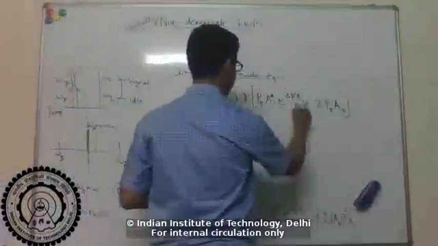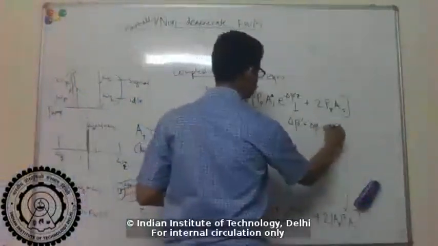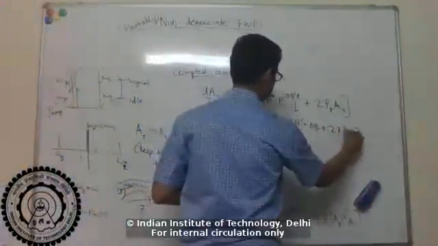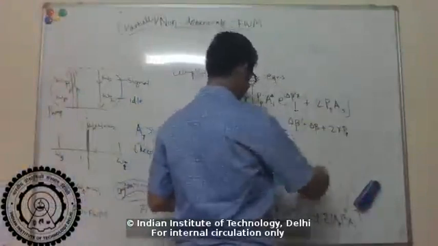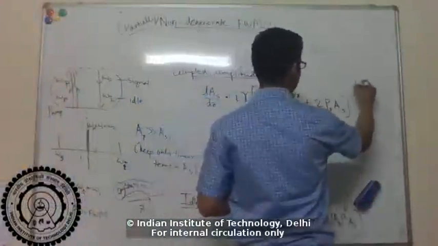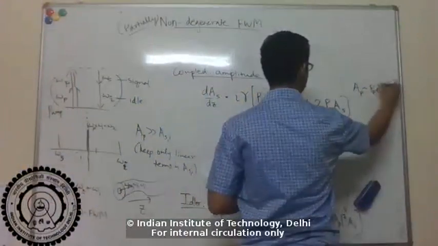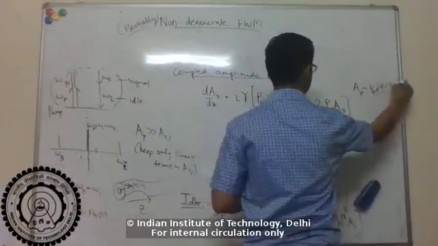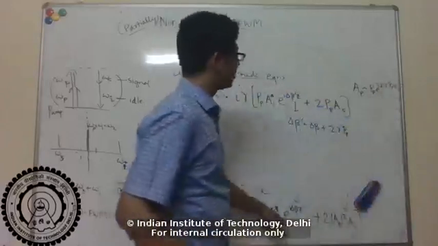So delta beta prime here is delta beta plus 2 gamma PP, right? So remember we had AP square, so AP square was PP e to the i 2 gamma PP z, right? And then we had e to the i delta beta z.